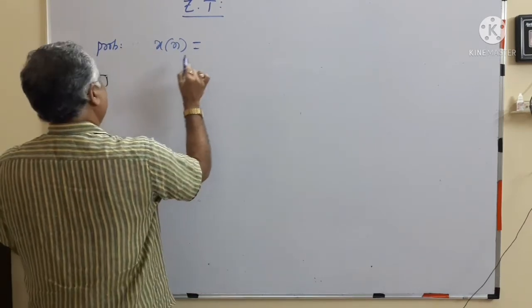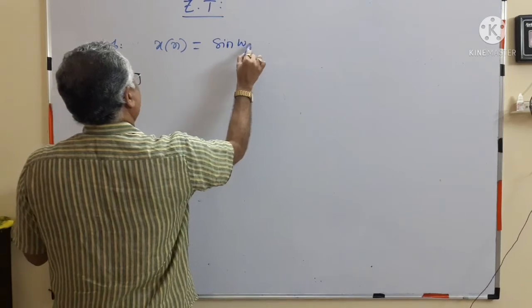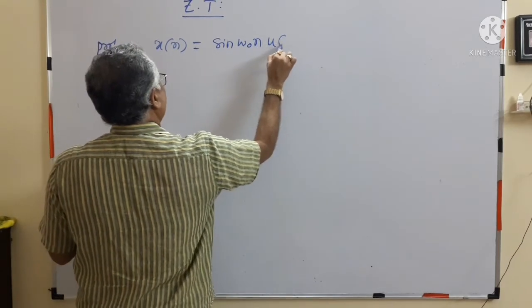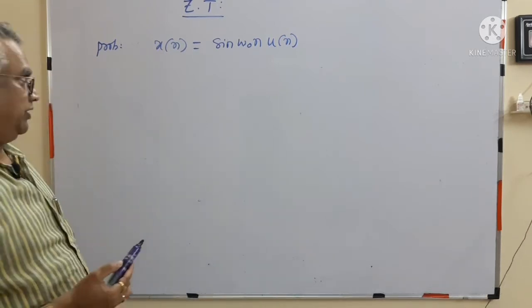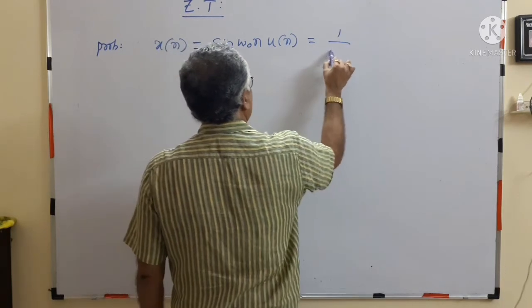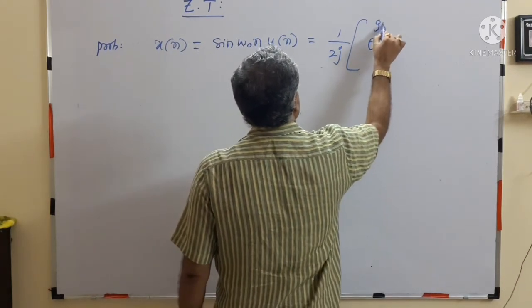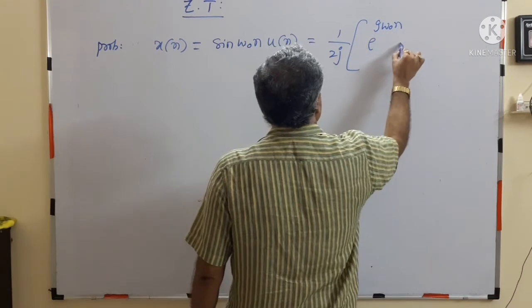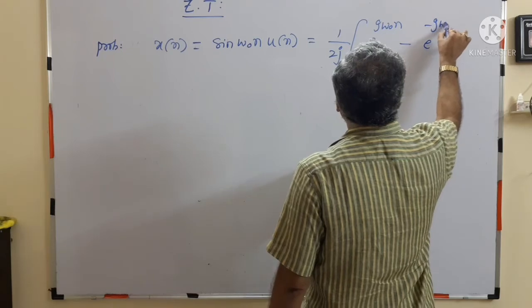Another problem, x of n equal to sin omega naught n u of n. So this we can write as 1 by 2j, e power j omega naught n minus e power minus j omega naught n.